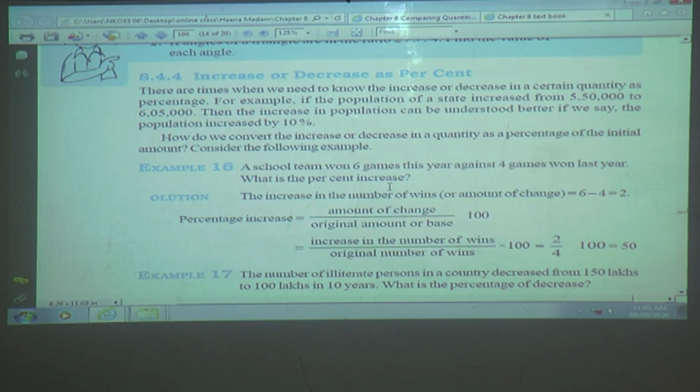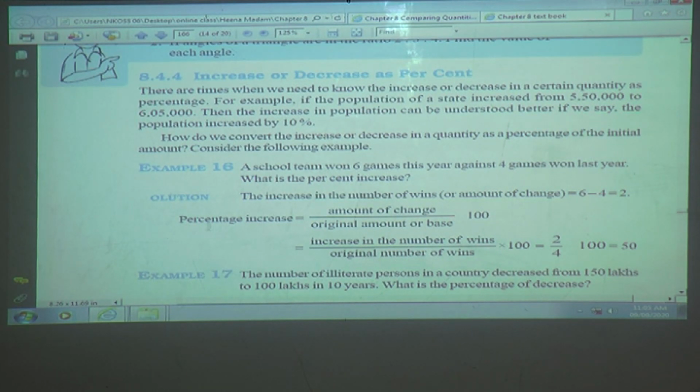By what percent has the number of wins of the team increased? The amount of change, that is the increase or decrease, is equal to 6 minus 4, that is 6 games this year against 4 games won last year. So 6 minus 4 is equal to 2.